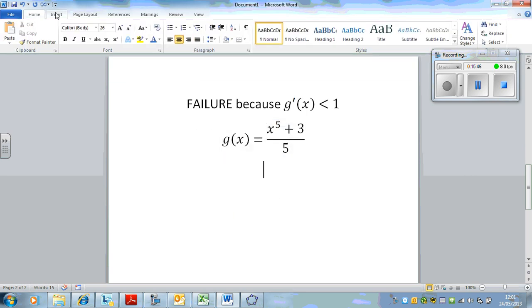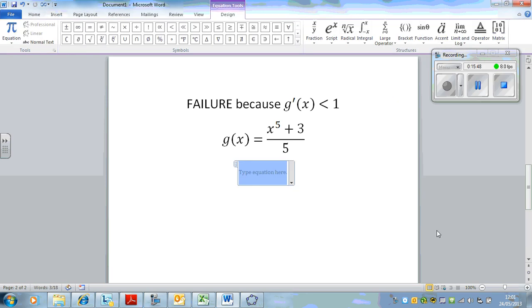We know g dashed of x is equal to 5x to the 4 all over 5, which is actually x to the 4.